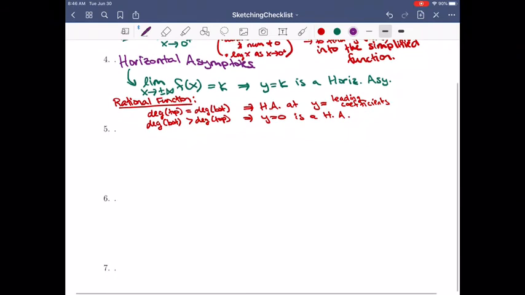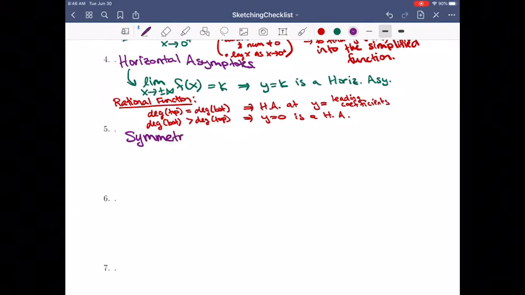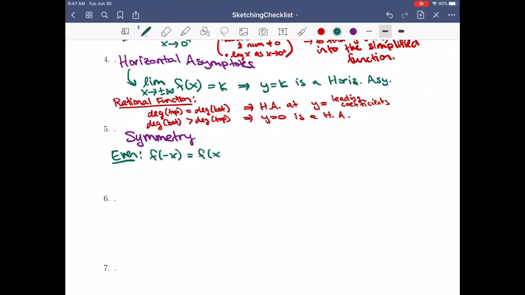Number 5, this is sort of the least important one, but it can save you time if there is symmetry, which is to look for symmetry. Okay, so normally we look for even and odd. If it's even, you're going to have f of negative x equals f of x, and it's going to be symmetric about the y-axis.